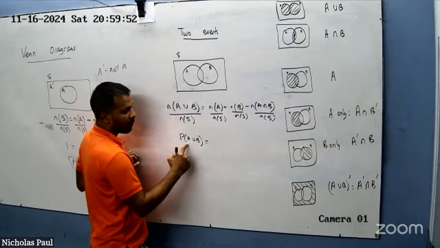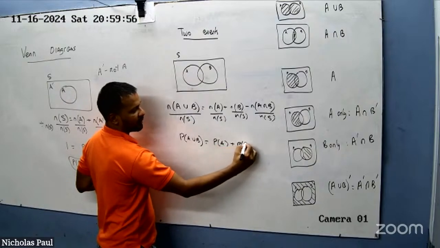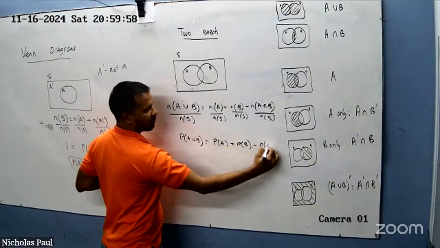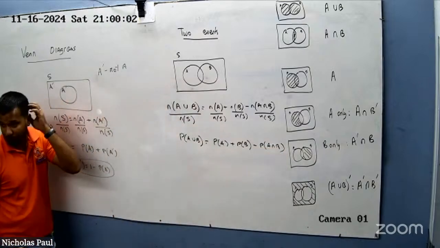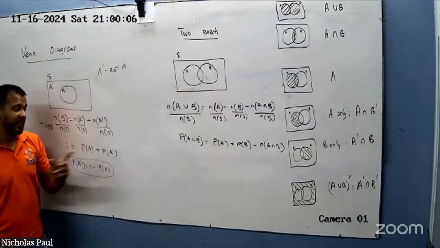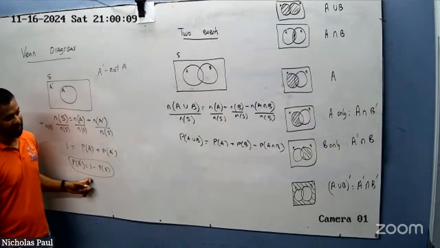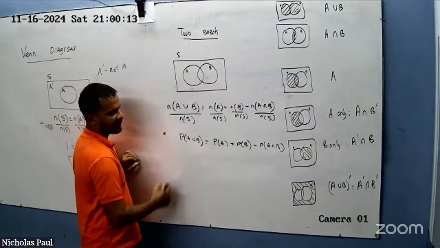Probability of A union B is the probability of A plus the probability of B, minus the probability of A intersect B. That's the first formula. Now the second formula we need to do.